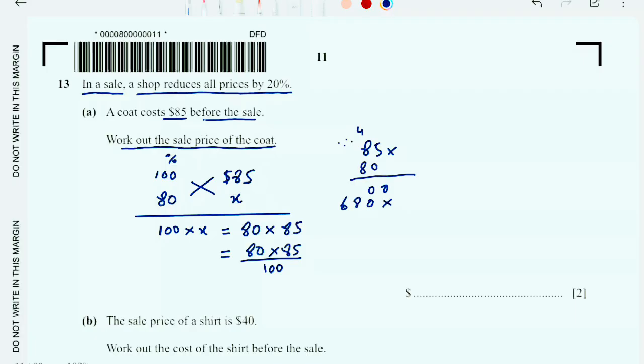So it would be 6800. Now divide 6800 by 100. Two zeros will be cut. So $68 would be the answer.